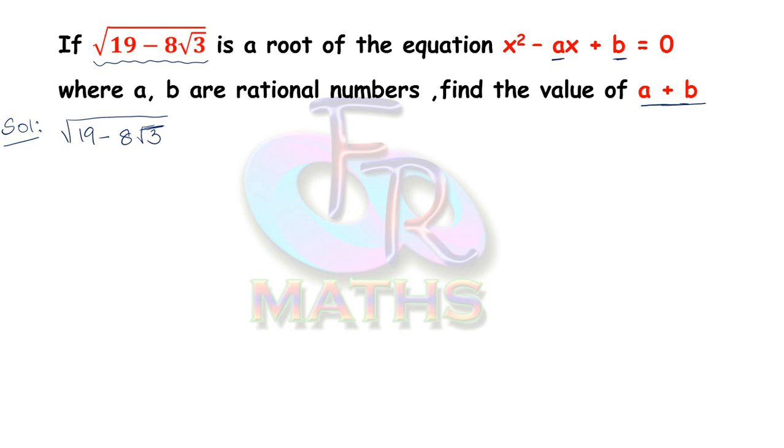So square root of 19 minus 8 root 3, I can write as square root of 19 minus, this 8 I can write as 2 times 4 into root 3. Why am I writing it as 2 times?